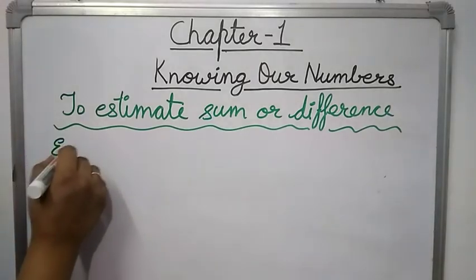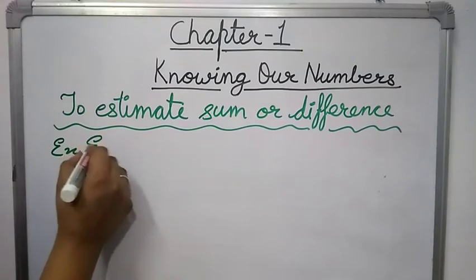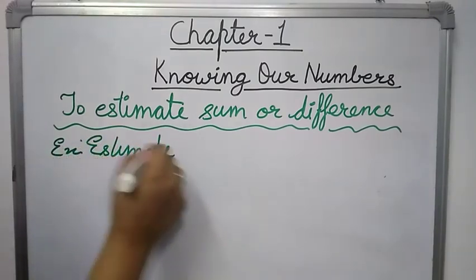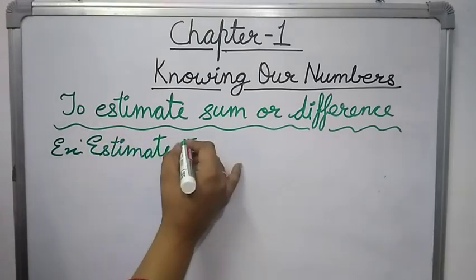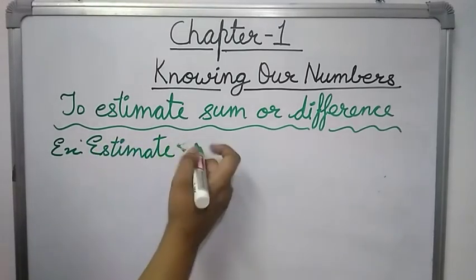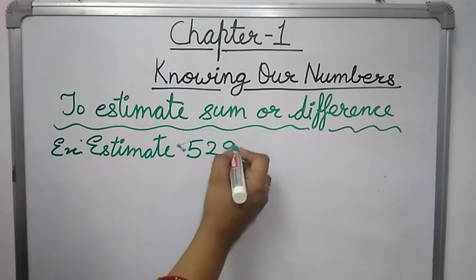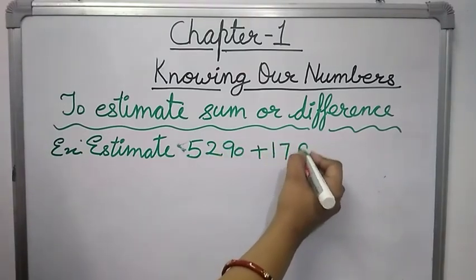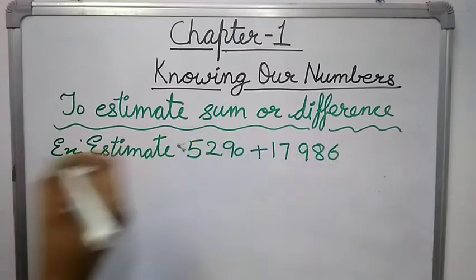So let's take an example. Estimate 5,290 plus 17,986.